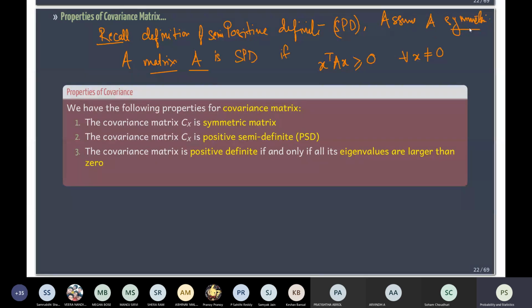Okay. So basically the non-symmetric part doesn't really matter. So usually we define it for a symmetric matrix. Okay, the positive definiteness, I don't want to go into the detail of that. So this is how I defined this for you. So symmetry is already given to you for the covariance, and it is claimed that it is positive semi-definite.